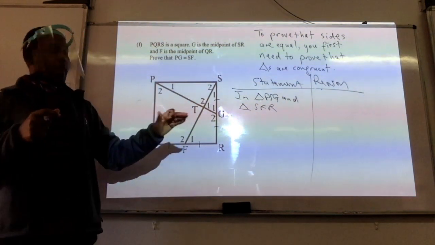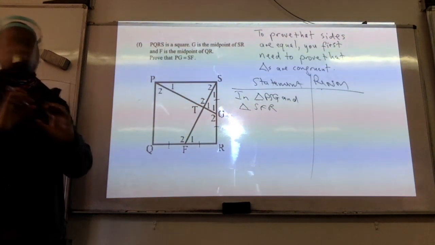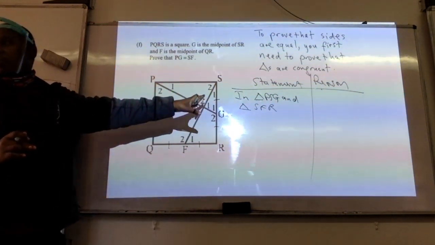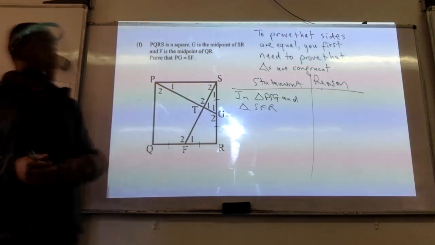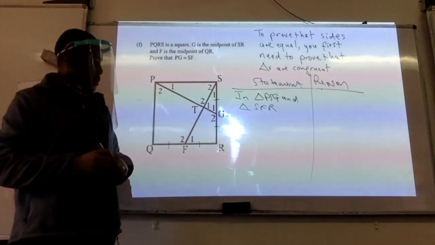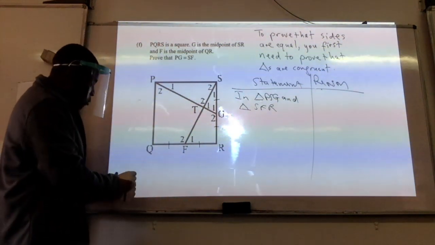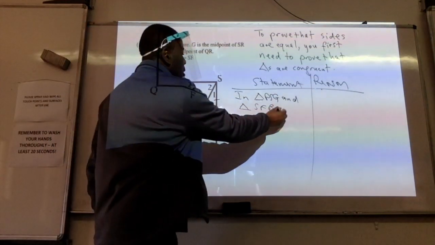At the end make sure that you name the congruent triangles properly. When you start, you can name them anyhow. But if you can name them in the right order right from the beginning, that would be cool. All right, we are using these two triangles here. So give me the statements now.